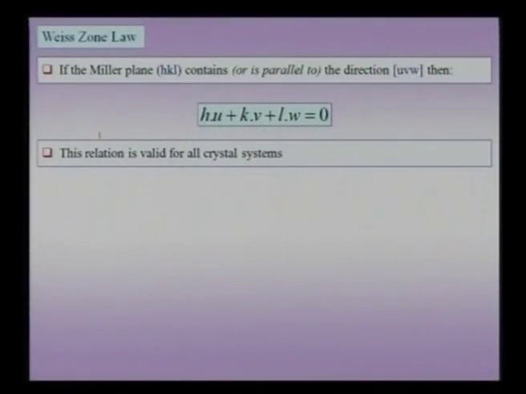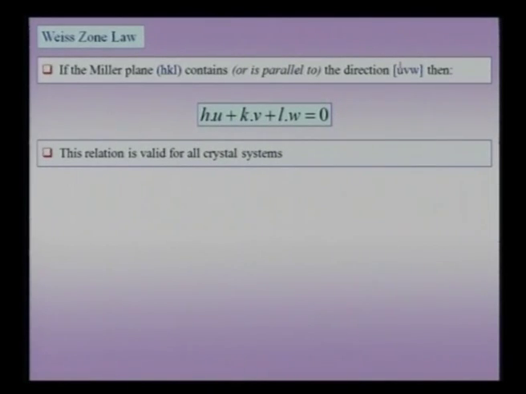Next we come to an important law, which is, at least the way it is called, the Weiss zone law. The Weiss zone law states, if a Miller plane HKL contains the direction UVW, then HU plus KV plus LW is equal to 0. So I am talking about a general Miller plane HKL, and a general direction UVW.